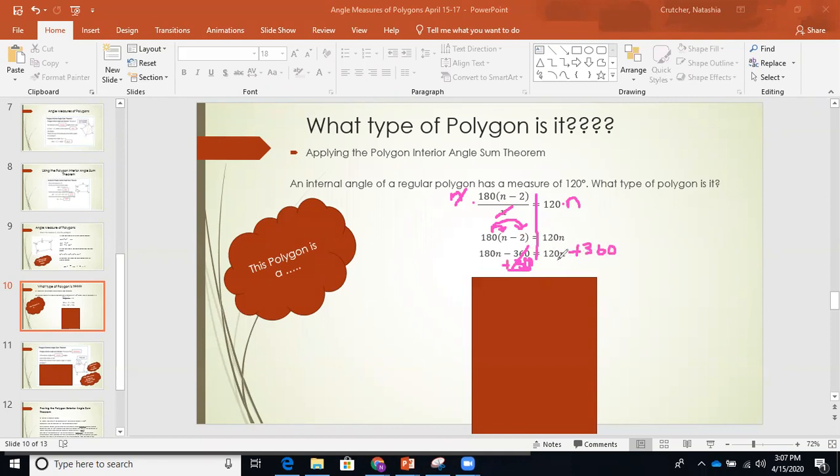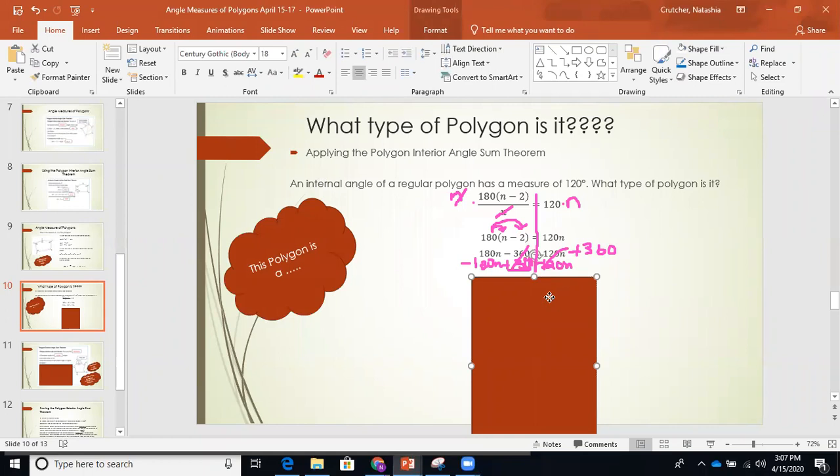Then I need to move this 120n to the other side, right? Since it is positive, I need to do the opposite. So subtract 120n so that these cancel here. What you do to one side, you have to do to the other side. So 120n in there.